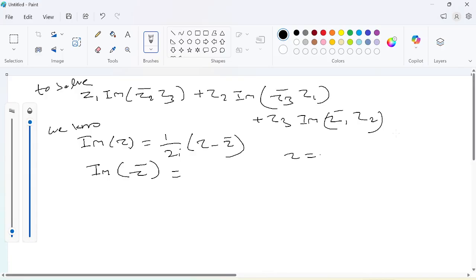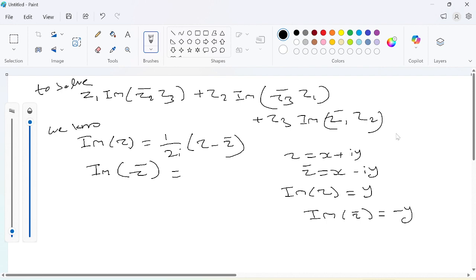You see, your z is equal to x plus iy, z bar is equal to x minus iy. Right? Now, imaginary of z will be y. Imaginary of z bar will be minus y. That means that is equal to minus imaginary of z, right? This is equal to minus imaginary of z.